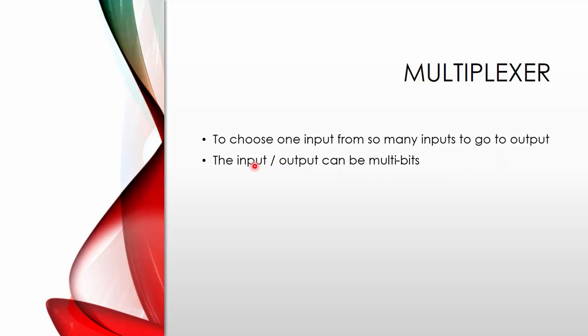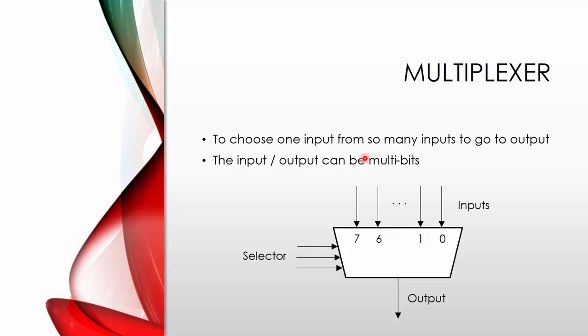The input and output can be multi-bits, which means when we select one of the input can be 2, 3, or any number of bits, but the number of bits in inputs and output must match or must be the same. This is how we draw it.